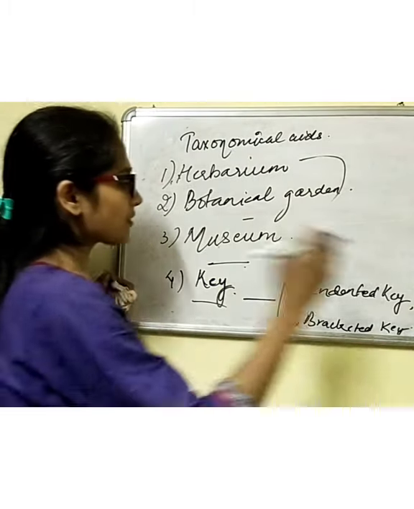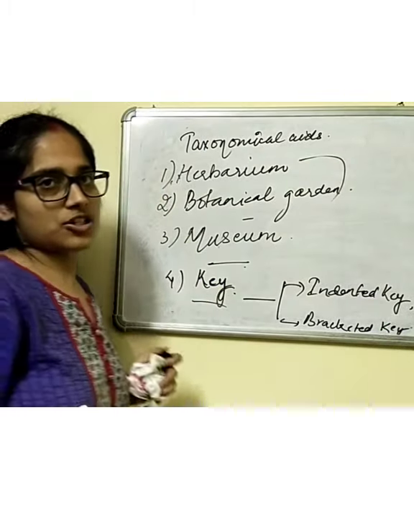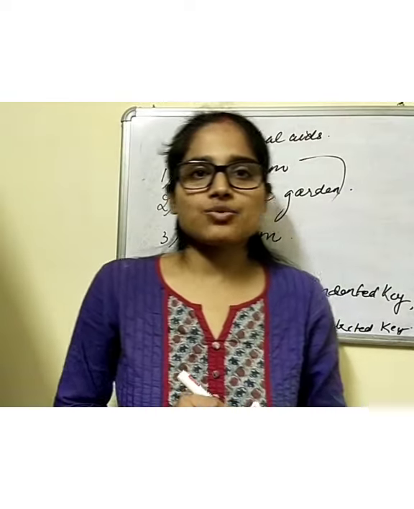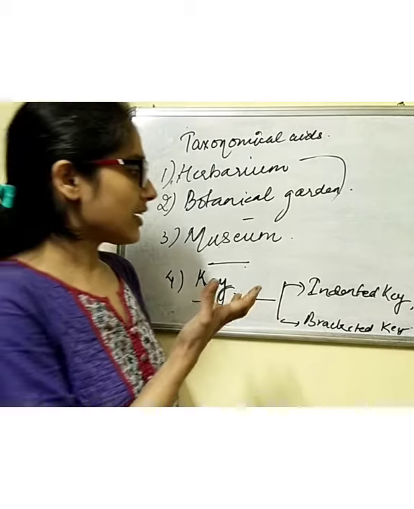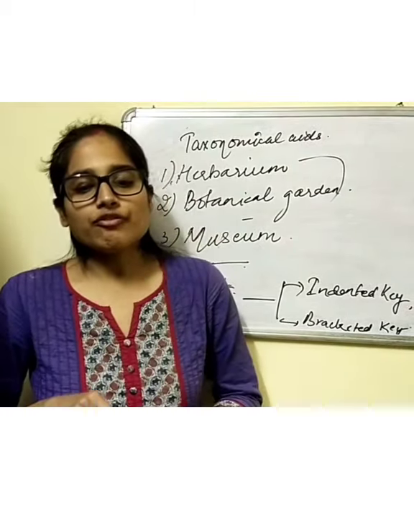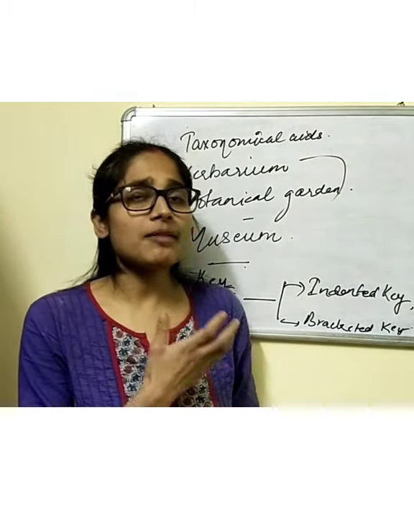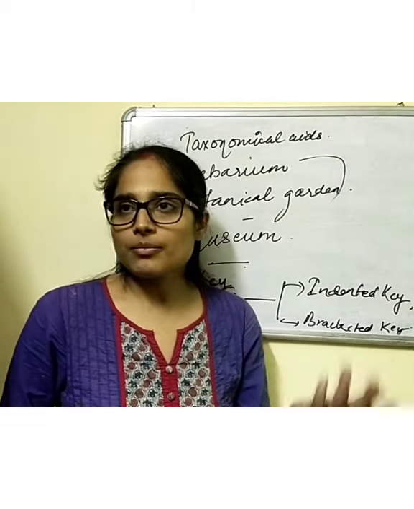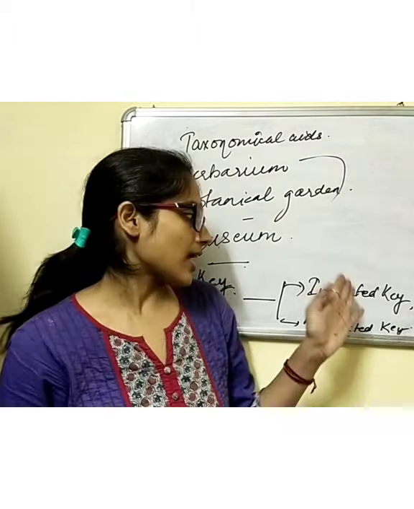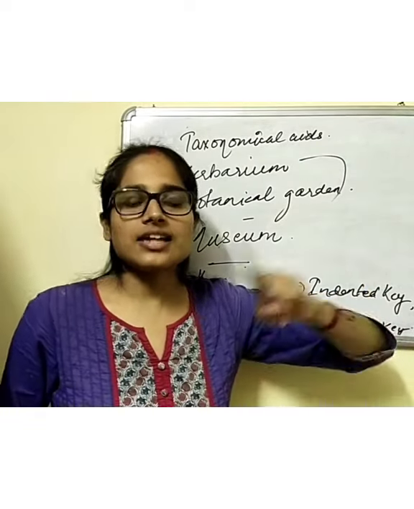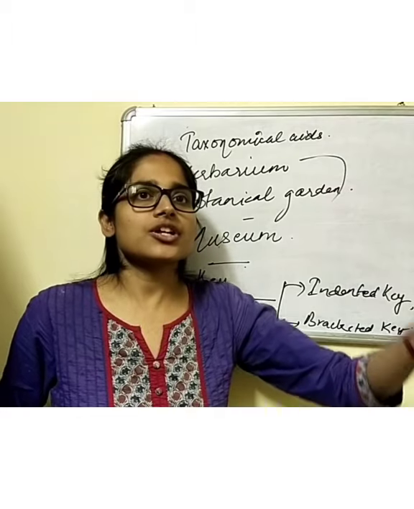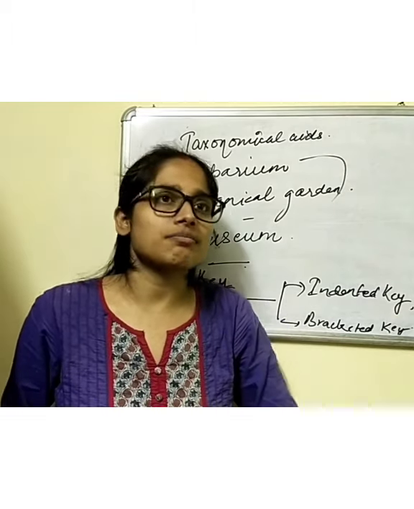So on the basis of these keys, the species in a group of organisms are categorized. So what is an indented key? If a key provides a sequence of choices between two or more characteristics, then that is an indented key, whereas a bracketed key is either yes or no. That particular feature is either present or it is not present.